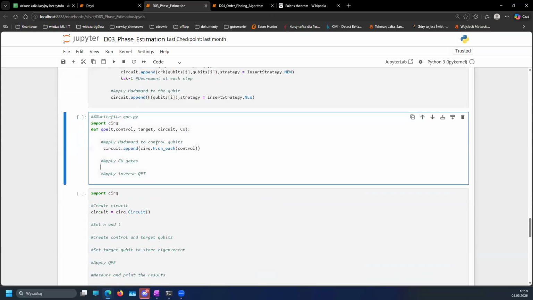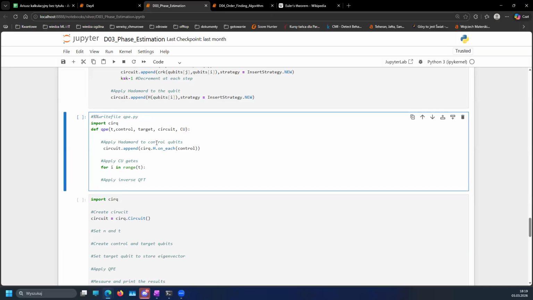So since we need to apply this gate over all the control qubits, I will write a loop. So for i in range, and here the number of qubits in our control register, so our precision t. And now we need to create an operator of suitable power.